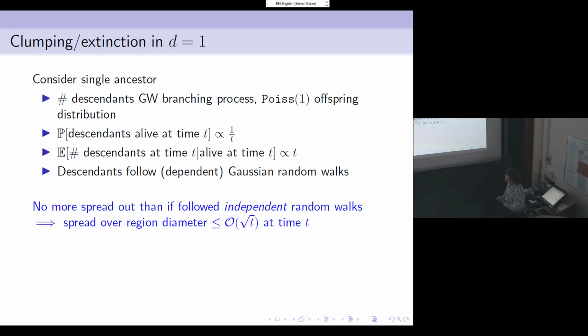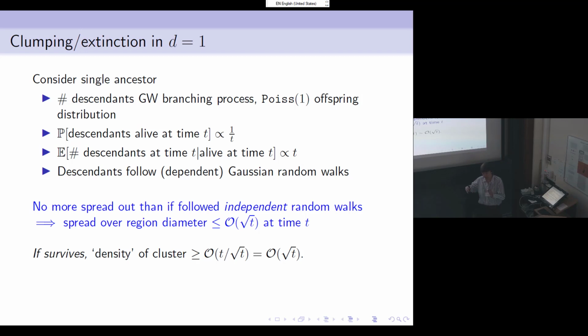And if they followed independent random walks, then they would be spread over a region of diameter of order square root of t at time t. So I've got t descendants spread over a diameter root t in one dimension. So they've got volume proportional to root t in one dimension. And so if my cluster survives, its density grows like square root of t. And that's exactly what we see.